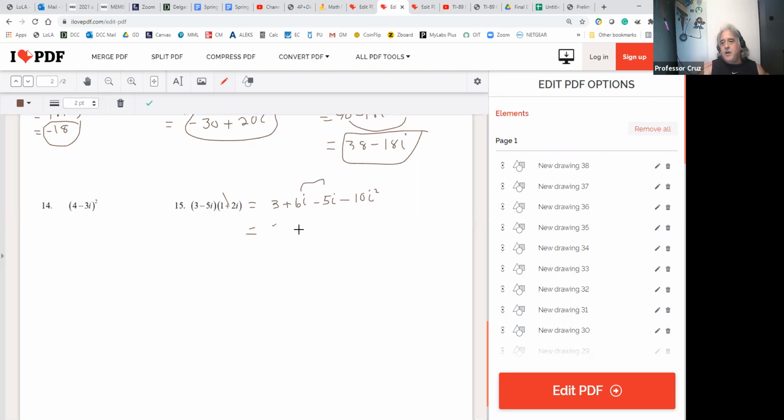So this is 3 plus i minus 10, and this is times negative 1. i squared is negative 1. So this is 3 plus i plus 10, so 13. Okay, let me know if you got questions.